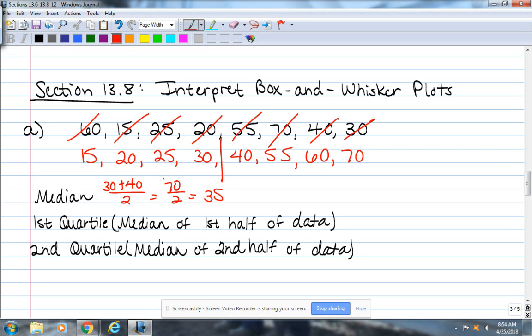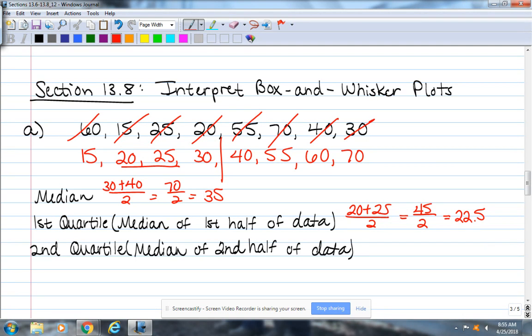So which 2 of those are in the middle? 20 and 25. So my Q1 is going to be 20 plus 25 divided by 2, which is 45 divided by 2, which is what number? 22 and a half, 22.5. Everybody good with that?